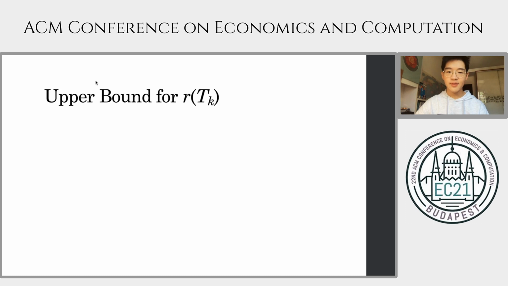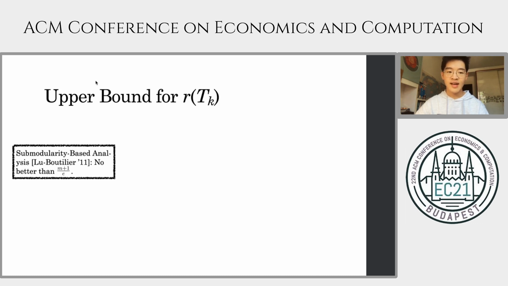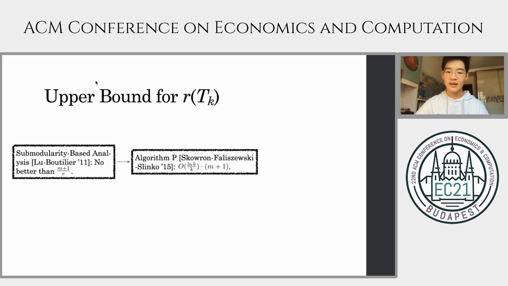There have been many previous works on providing an upper bound for the s-Borda score of a committee produced by some sort of algorithms, including a submodularity-based analysis of this greedy algorithm, and an algorithm which achieves the best currently known bound.